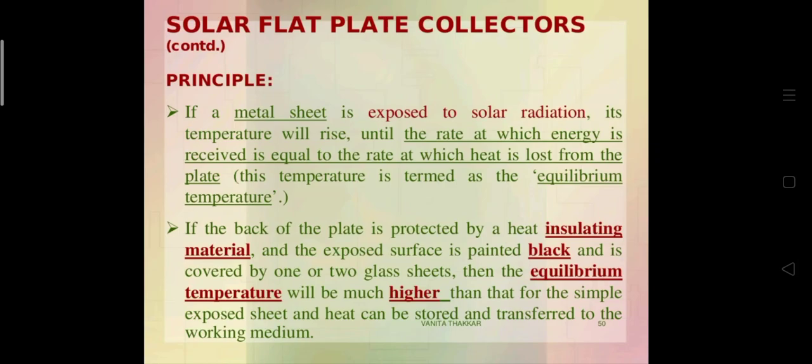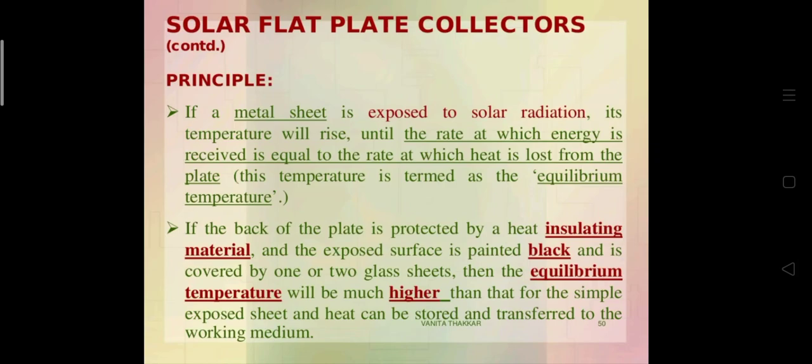Then the equilibrium temperature will be much higher than that for the simple exposed sheet, and the energy can be stored and transferred to the working medium.